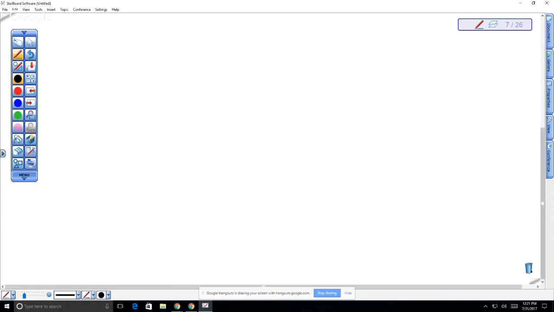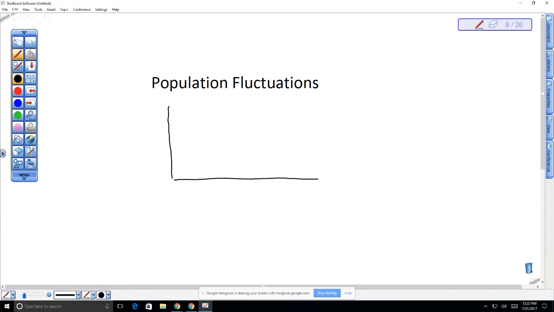Okay. And as I mentioned before, populations can fluctuate. So if we look at population size over time, we can see that it can come up to the carrying capacity, go over the carrying capacity, and you can see something like this. So this is my carrying capacity. One of the really interesting things is that however much you go over the carrying capacity, so you've got too many individuals, then you go down below it.